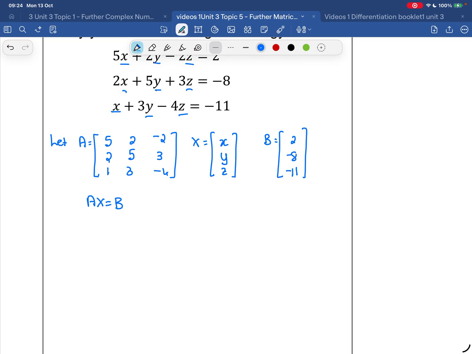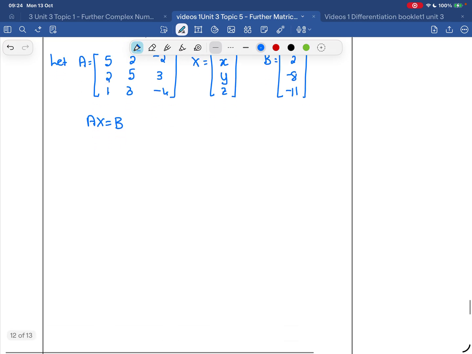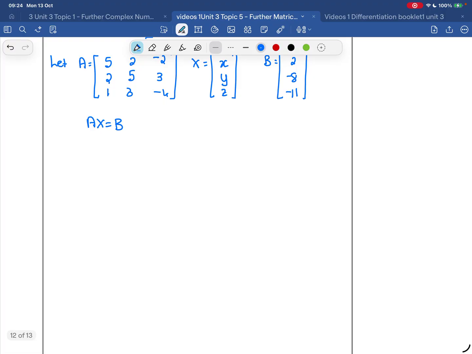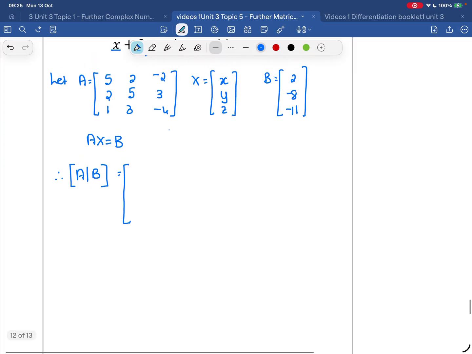Now, in order to solve this, we're going to use Ax equals b, as we have before, but we're going to do it in a slightly different method. So we're not going to use matrix algebra, we're going to use elimination. So it's a little bit like creating simultaneous equations. What we then use is what we call an augmented matrix, which is this A with a line and B, and we just put our coefficients in on the left-hand side of the line and our solution in on the right-hand side of the line.